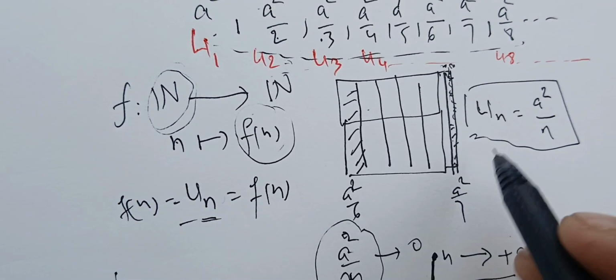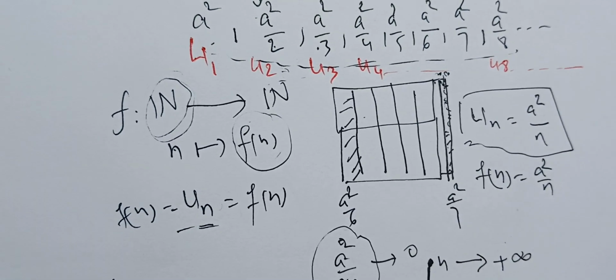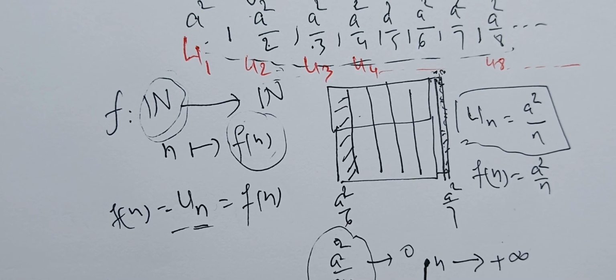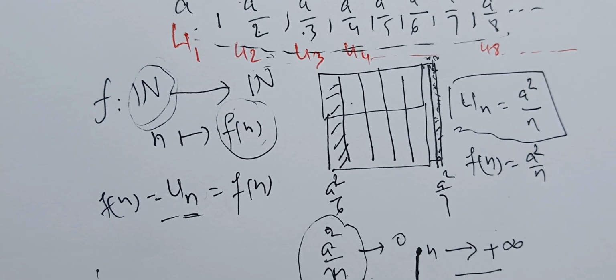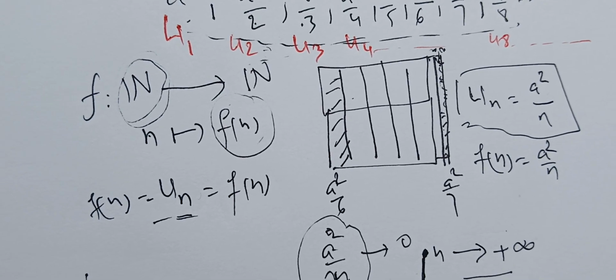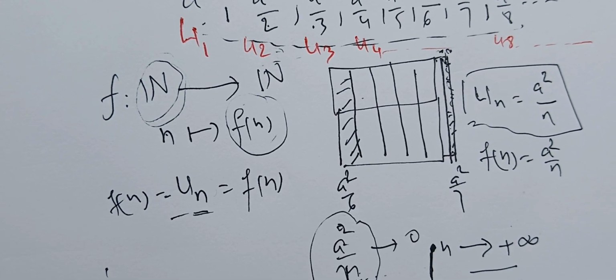So think of this as f of n is a squared over n. This is one example. We will deal with one more in the next video.